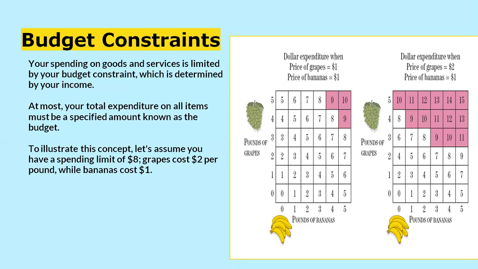To illustrate this concept, let's assume you have a spending limit of $8. Grapes cost $2 per pound, while bananas cost $1.